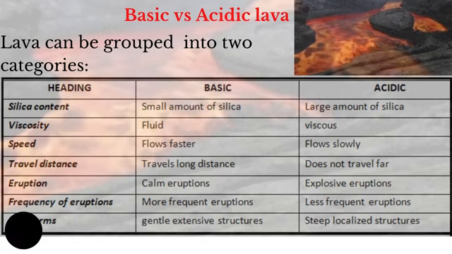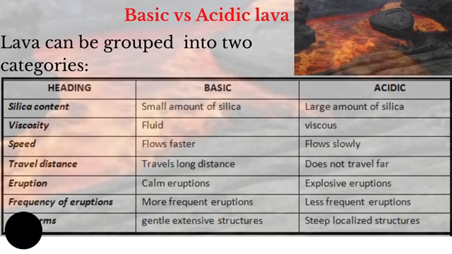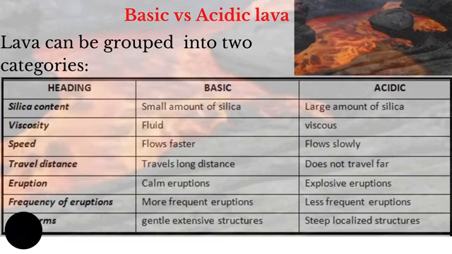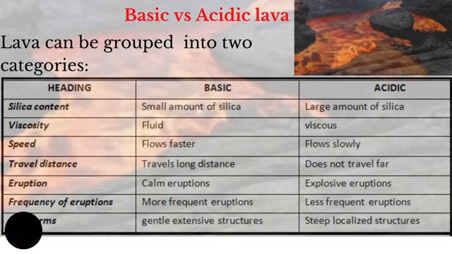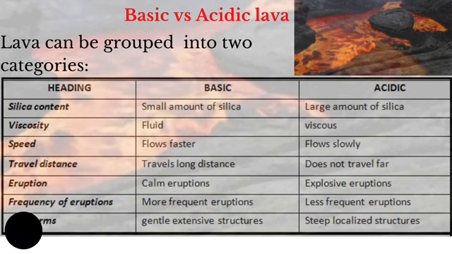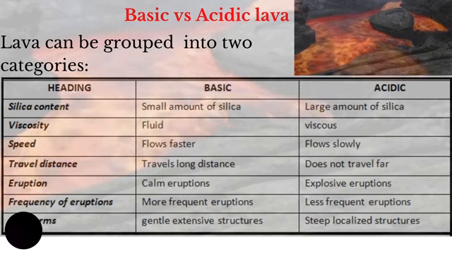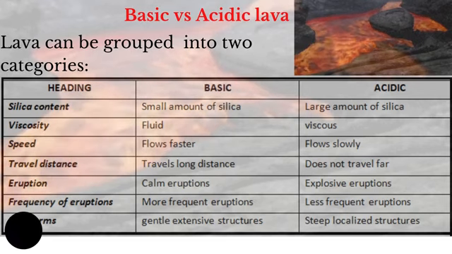Because of its fluidity, basic lava is able to flow faster, while acidic lava flows more slowly. Since basic lava is able to flow fast, it can travel over long distances before solidifying.